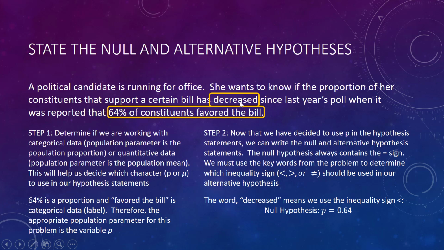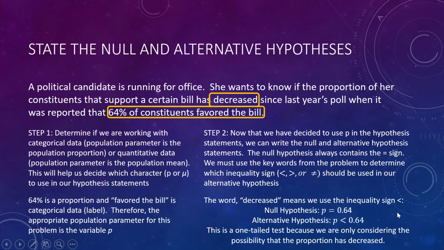The word decreased in the problem means that we use the inequality sign less than. Therefore, our alternative hypothesis is that P is less than 0.64. This is a one-tailed test because we are only considering the possibility that the proportion has decreased.